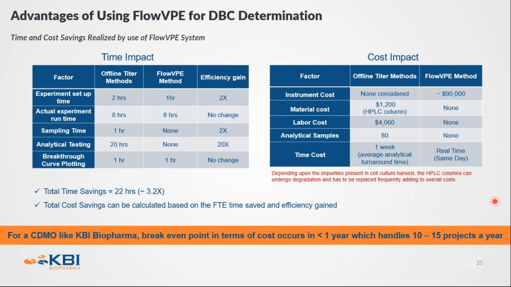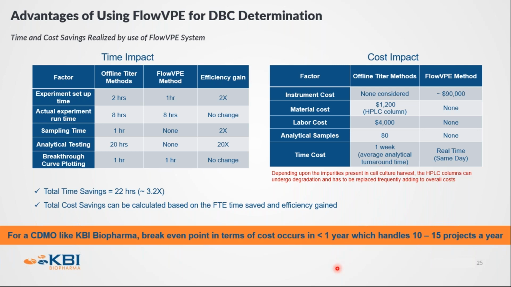And the number of analytical samples, like if you want to screen three different resins with around, let's say, 30 fractions per resin to get a nice smooth curve, we are looking at a lot of samples. The majority of cost and time is associated with the analytical turnaround time. All that is eliminated using the FlowVPE.